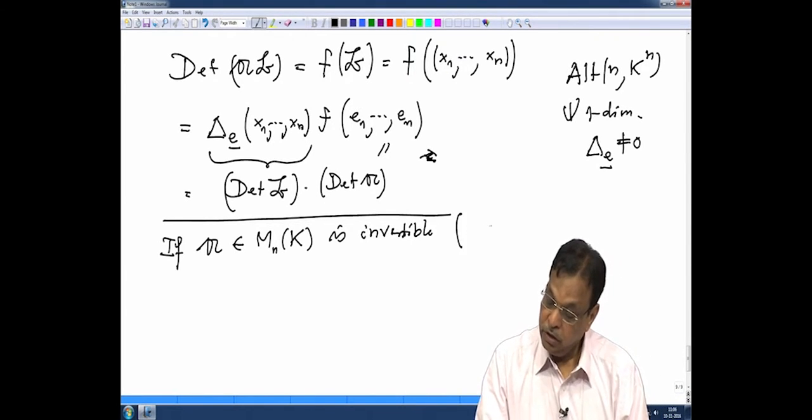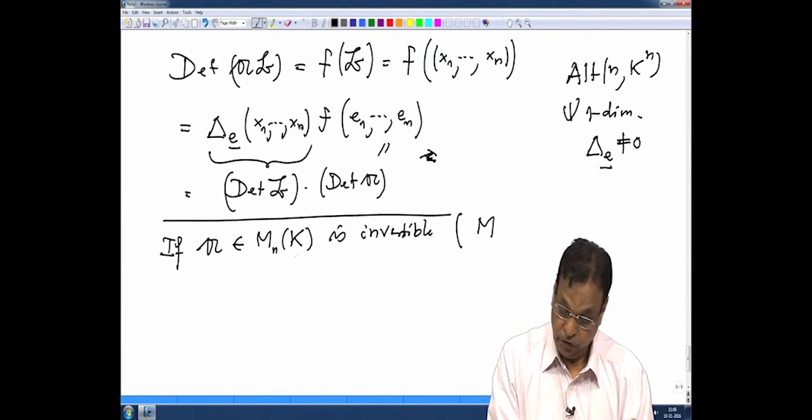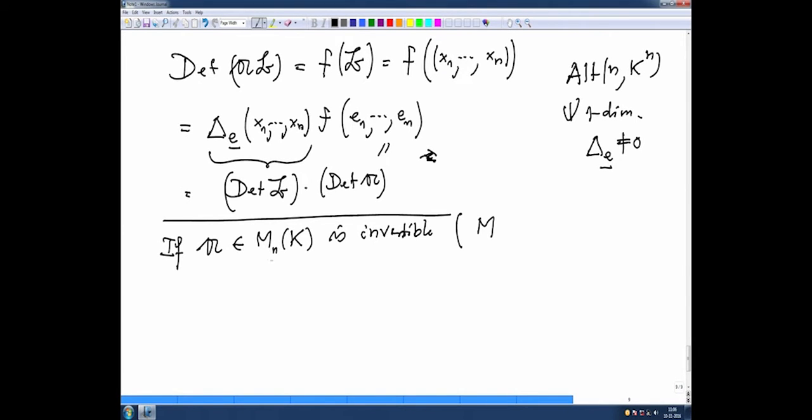Remember our notation: M n k is a ring, it is non-commutative, but the set of invertible elements in this ring, the inverses, is precisely what we denote GL n k, and this is clearly a group because it consists of the invertible elements in a multiplicative monoid. This group is also called the general linear group.